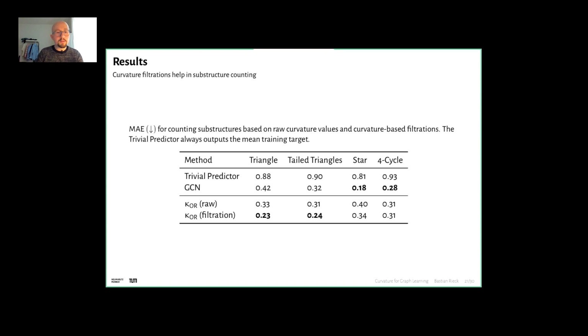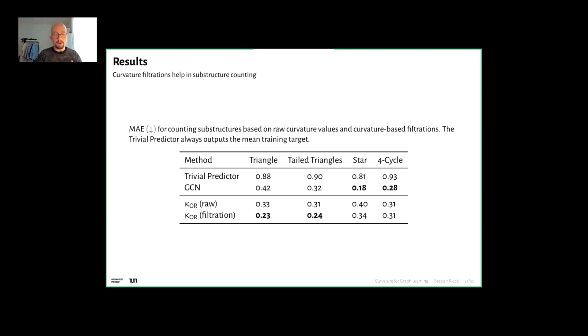And it turns out that Ollivier-Ricci curvature in a filtration setting, I should also say, is very good at counting triangles and tailed triangles, and it's less good but still better than the raw values in counting stars and 4-cycles. So this is also a very interesting result which we hope to expand later on.